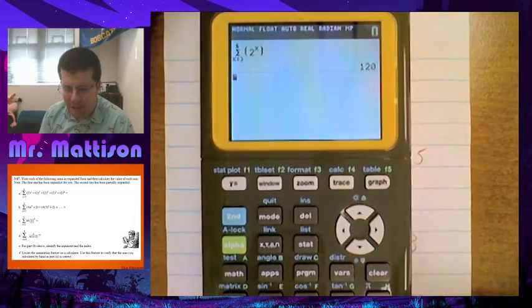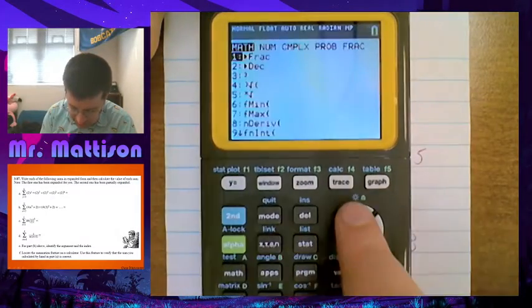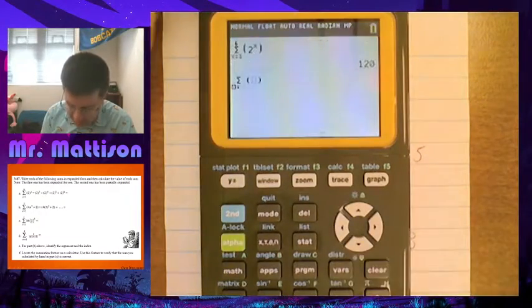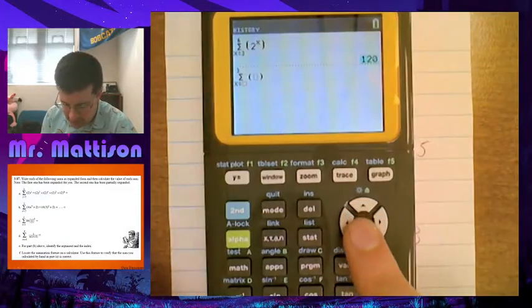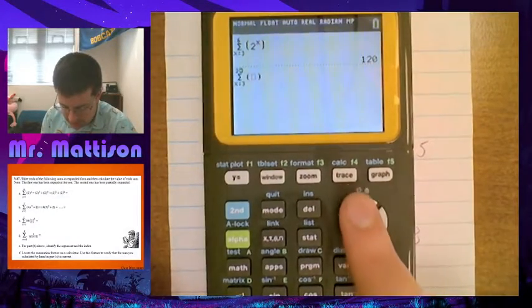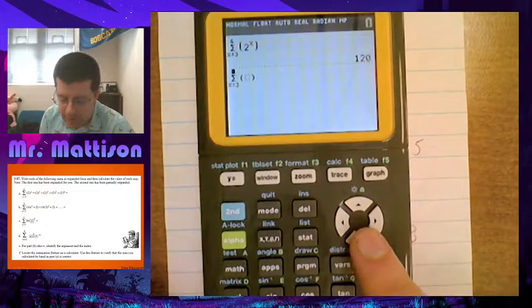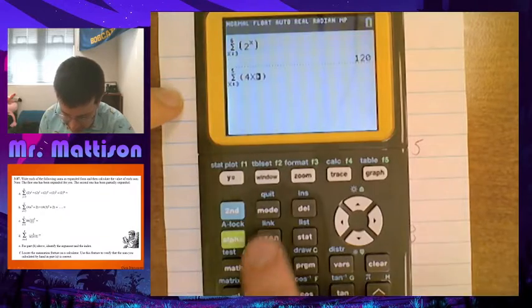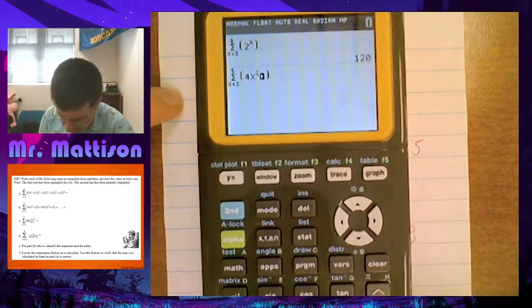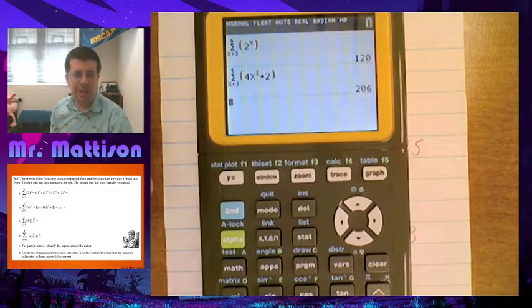Okay. Our second one, we're going to do, again, math, summation. We want x from 3 till 5, and we're going to be following the pattern of 4 times x squared plus 2. And we should get 206 for that second one.